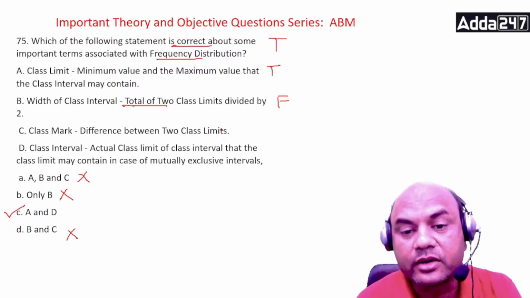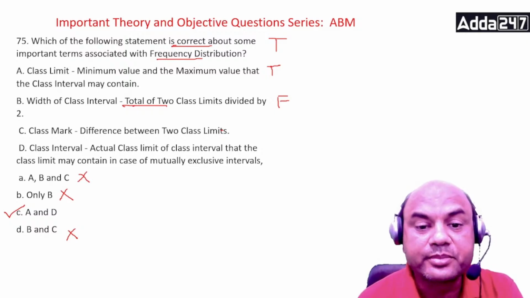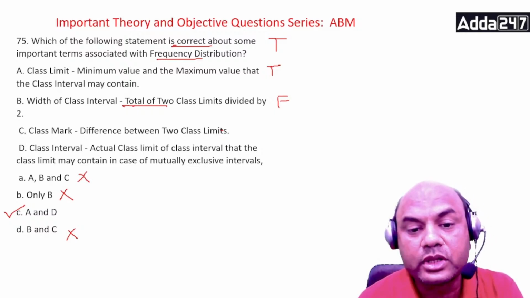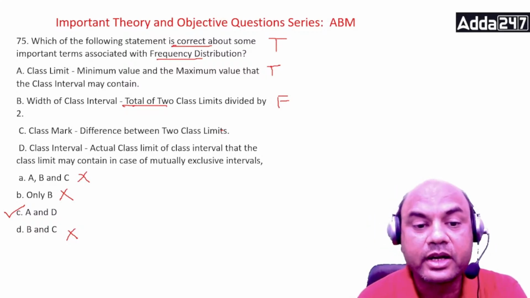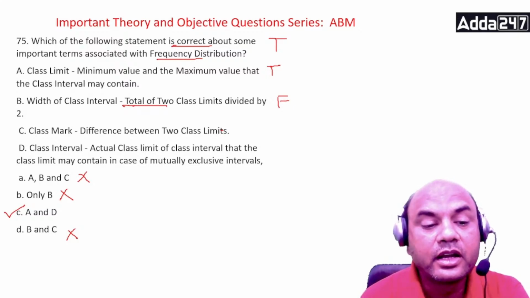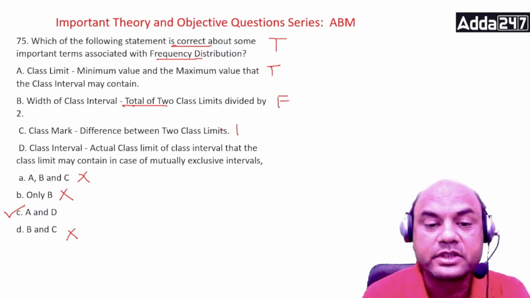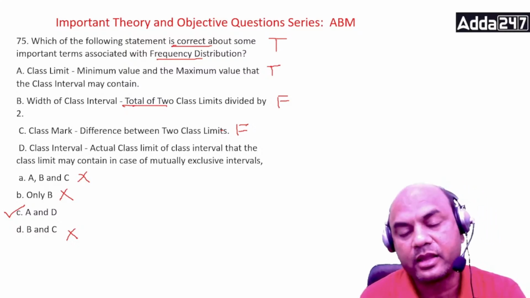But what is C now? C is false. Class mark is the total of the two class limits divided by 2, upper limit plus lower limit divided by 2, which is always known as the average. And what is given over here? Difference. So these two are opposite. Got it? So the answer is A and D.